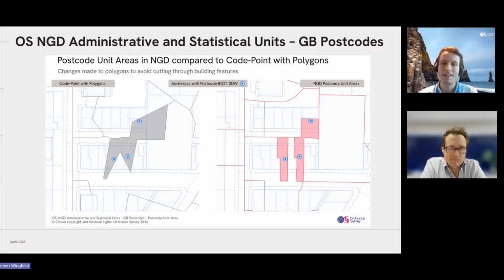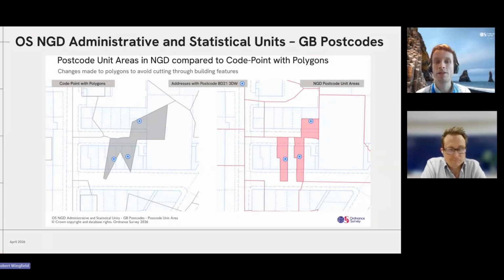But on the right-hand side, we've got what we now call postcode unit areas within the NGD, which is much more analytical ready, and using those points and polygons to really provide that insight in terms of things like building features and the address points.